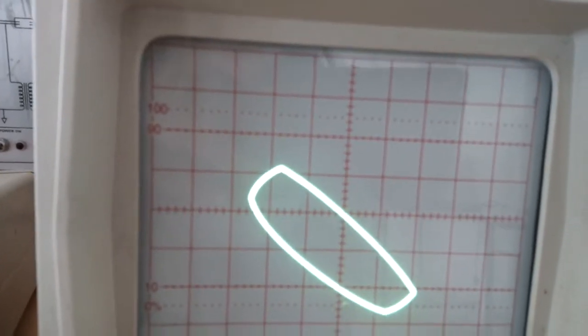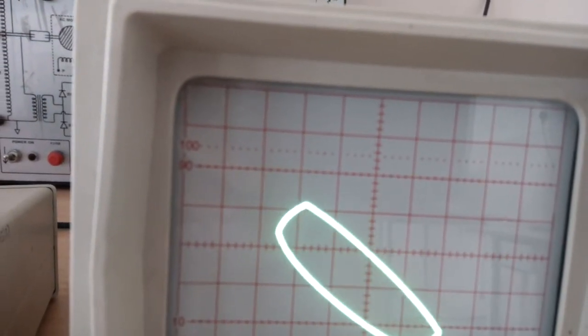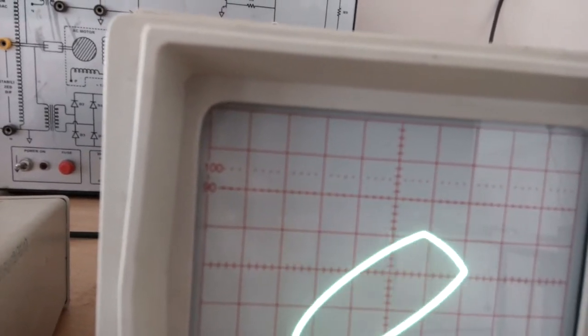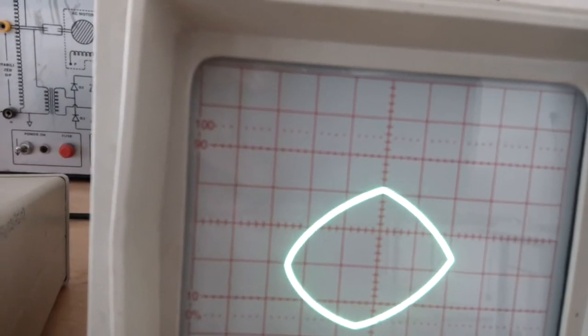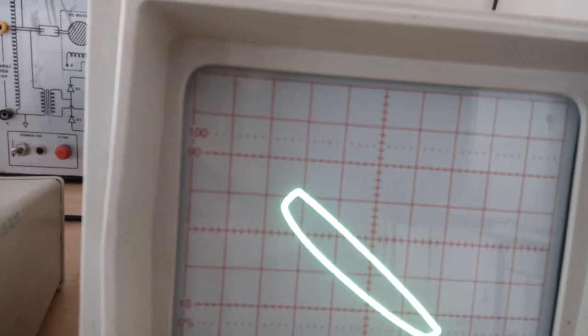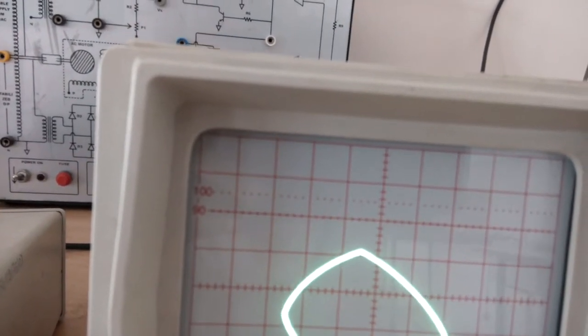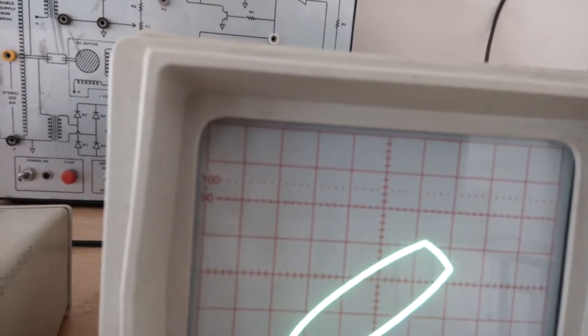So by using the formula Fy upon Fx equal to number of horizontal loops or tangents upon number of vertical loops or tangents, we can calculate the unknown frequency. Our number of horizontal loops is 1, also number of vertical loop is 1.